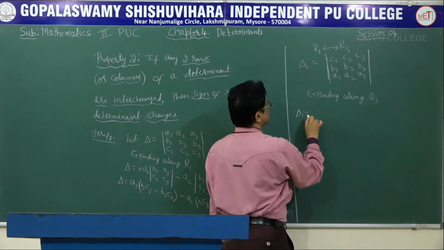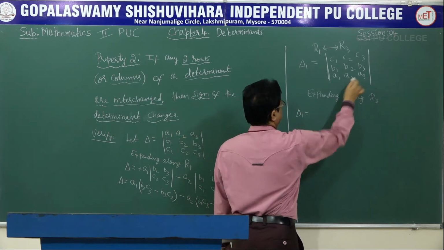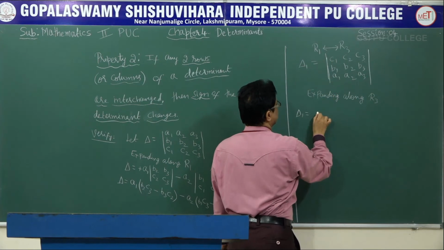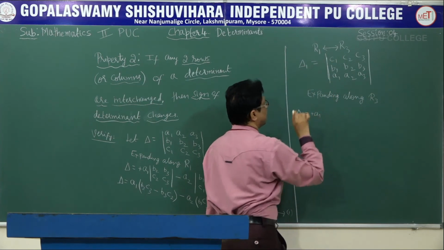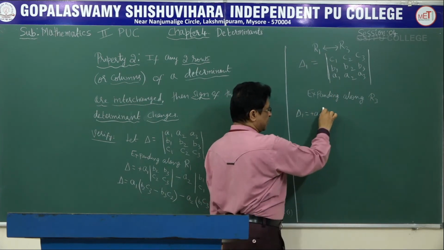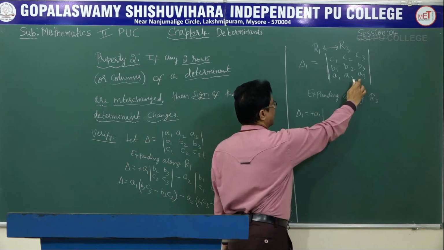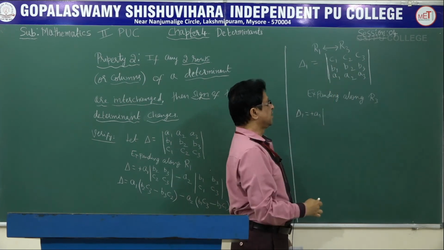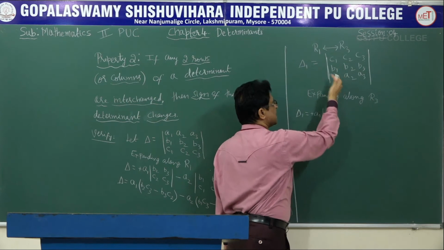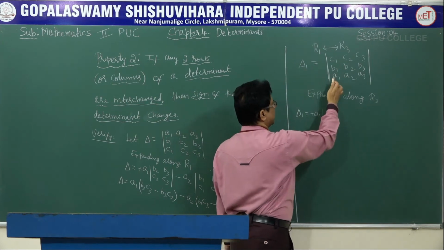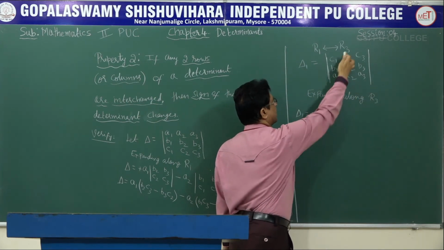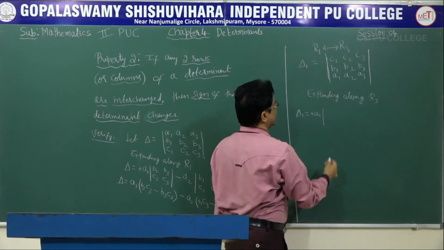So delta 1 is equal to, in R3 the first element is A1, so we put plus into the determinant of. A1 lies in the third row and first column, so we eliminate the third row and first column and take the determinant of the remaining elements.